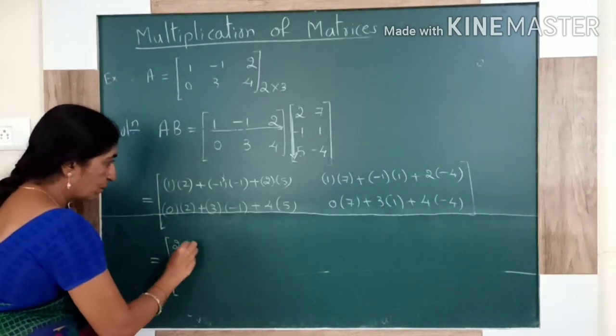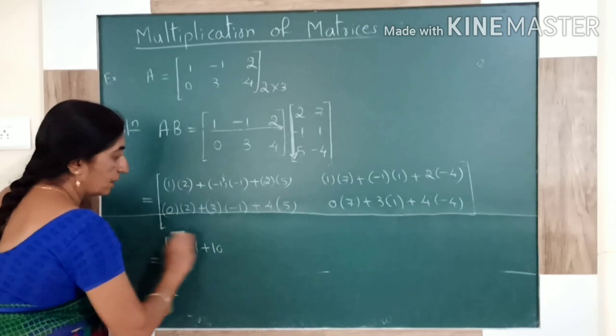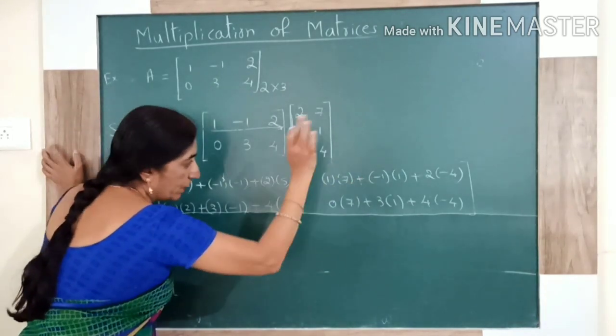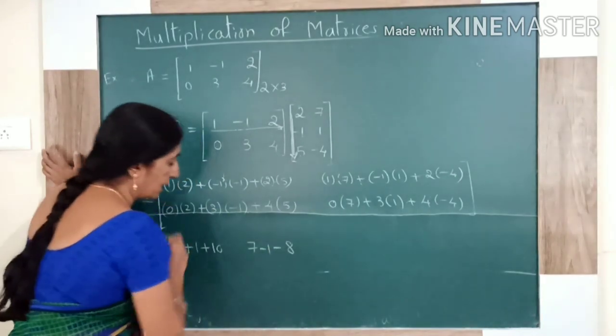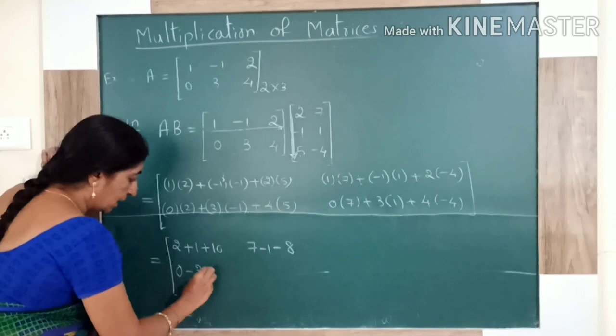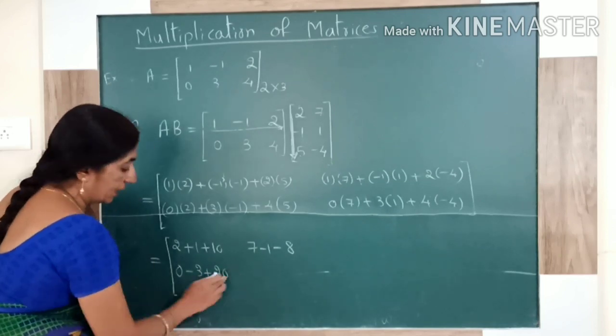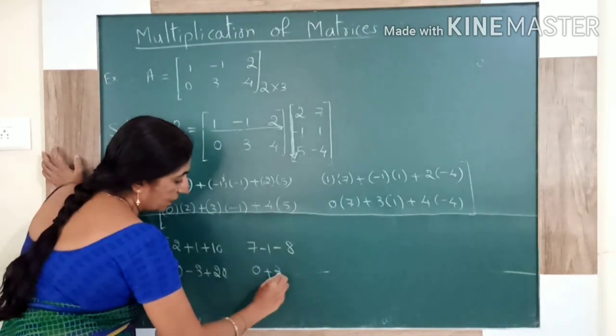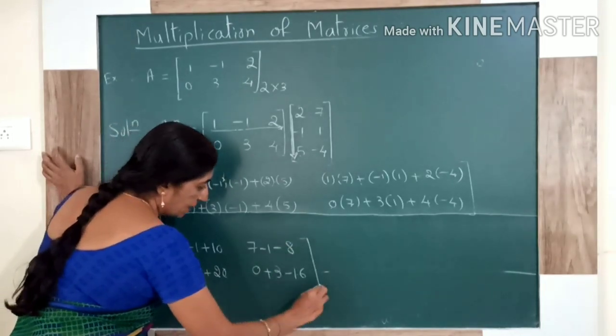It is 2 plus 1 plus 10. Then 7 minus 1 plus into minus is minus 1 minus 8. Multiply the elements: 0 minus 3 plus 20. Then 0 plus 3 minus 16.